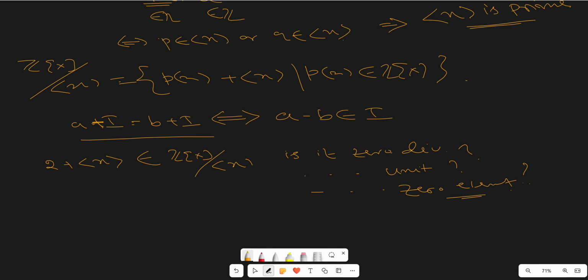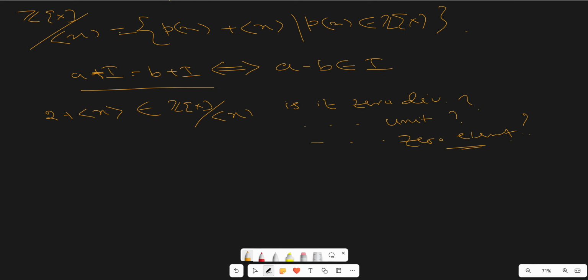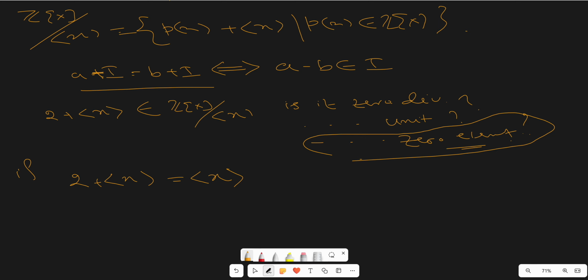See, suppose you are checking for the zero element. What is the zero element in Z[X] mod X? It is the ideal generated by X, right? If 2 plus the ideal generated by X is the zero element, this happens if and only if 2 is inside the ideal generated by X, but 2 is not inside the ideal generated by X. This is a contradiction, so it cannot happen.